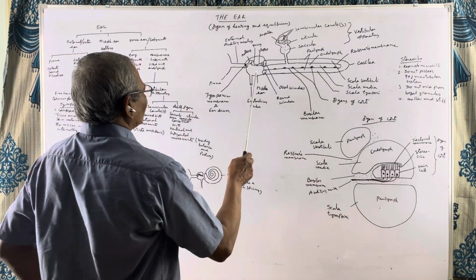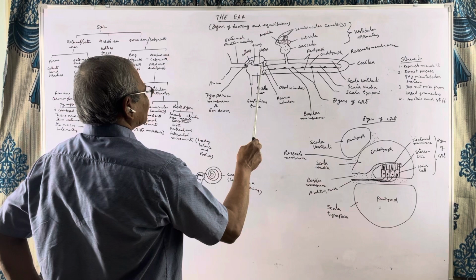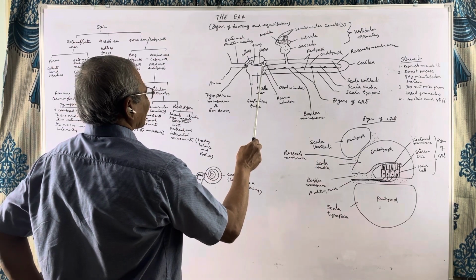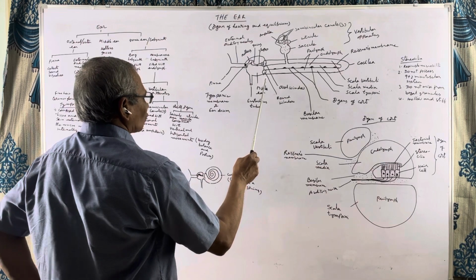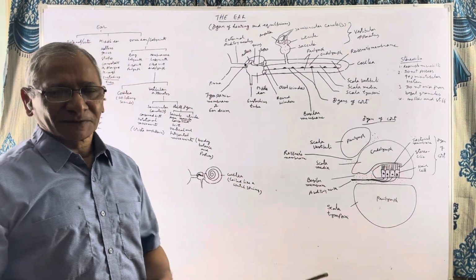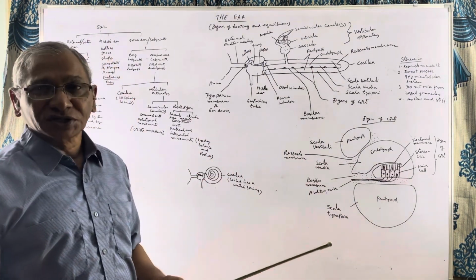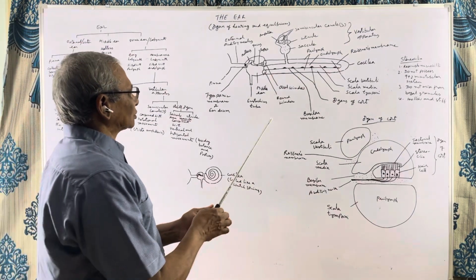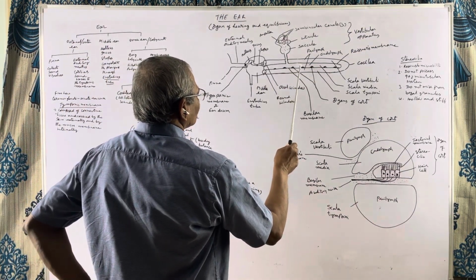So already I have told you, there is an oval window to which the stapes is attached. Below the oval window, there is another window known as a round window. These are named after their structure. Oval window is oval in shape, round window is round in shape. So here you find three tubes.